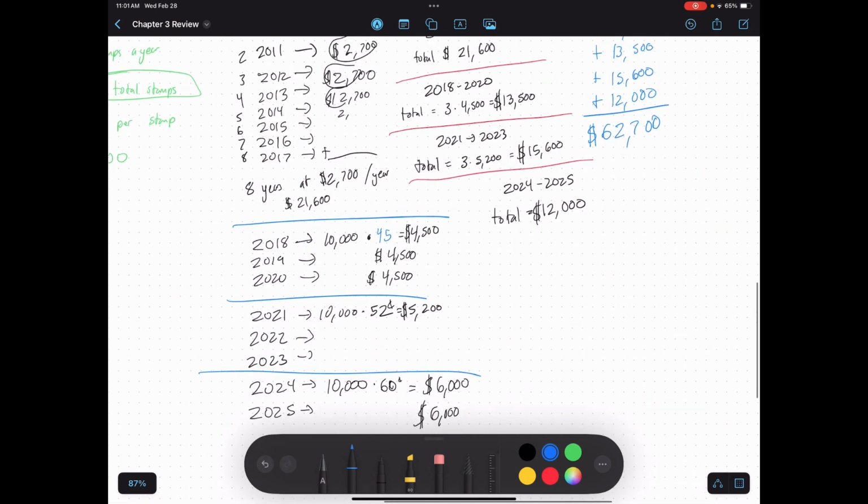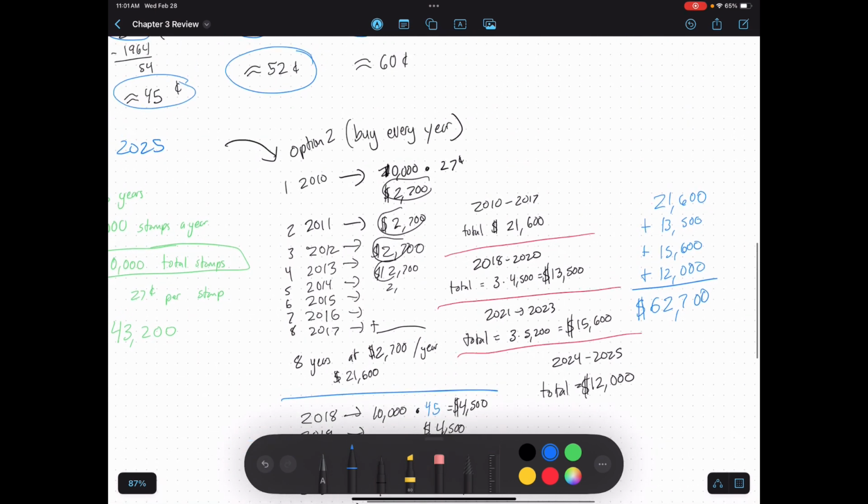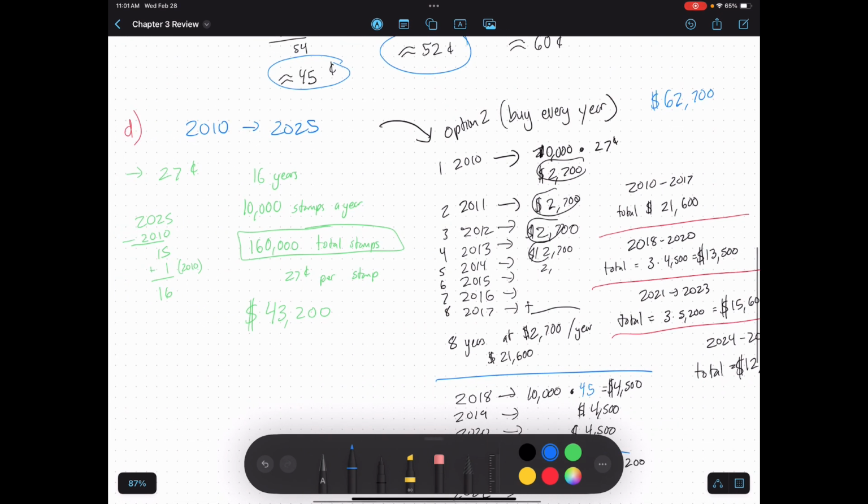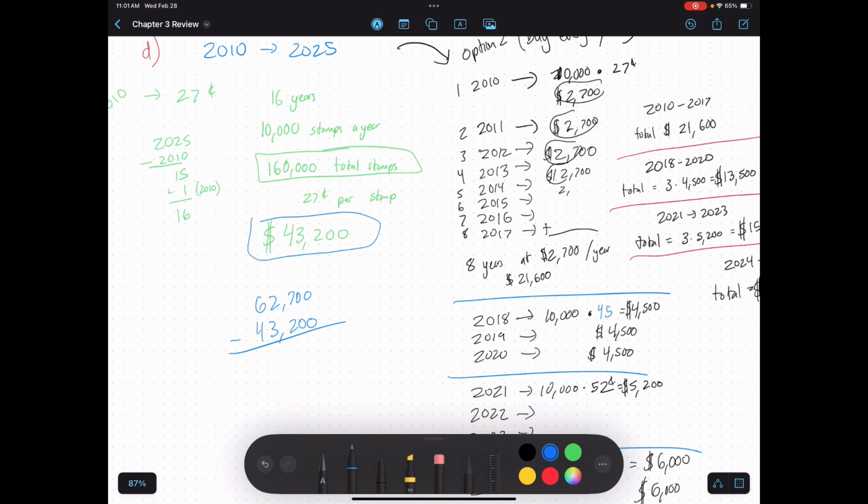So the total amount they spent using option 2 is $62,700. How much do they spend in option 1? They spent $43,200. So what's my difference? I can just subtract those to figure out how much they would save if they just bought all the stamps in 2010.